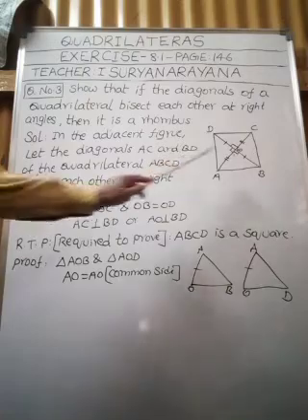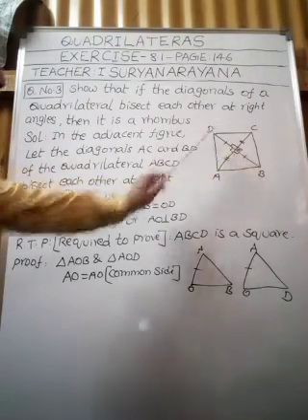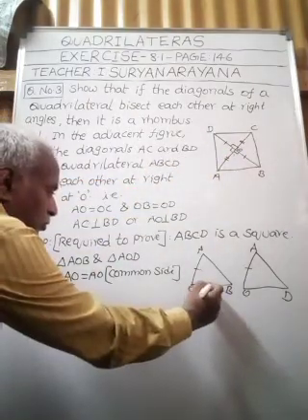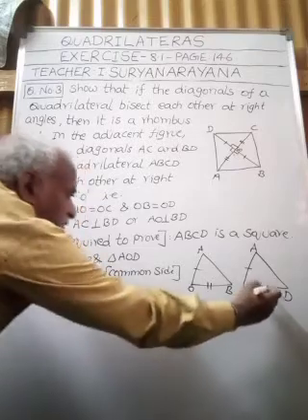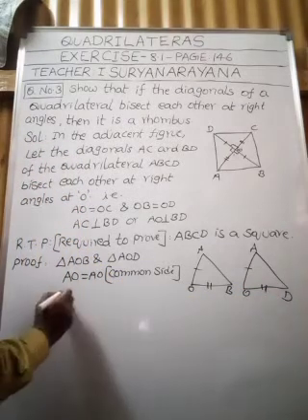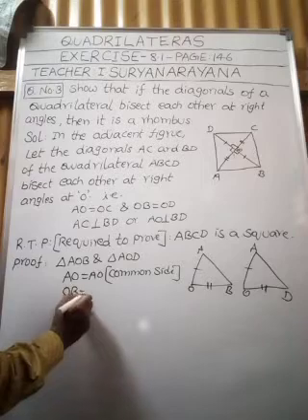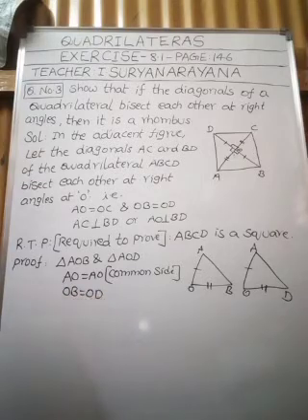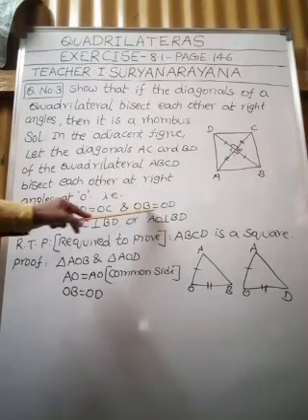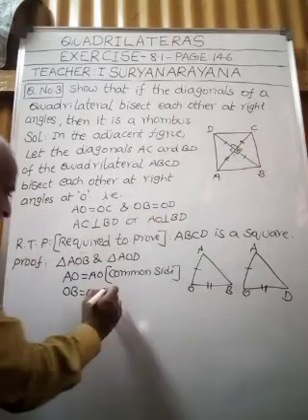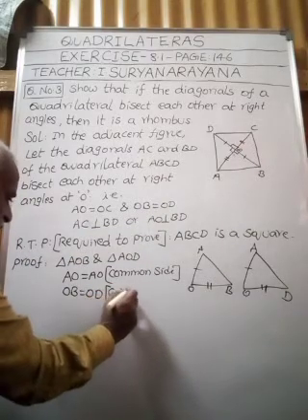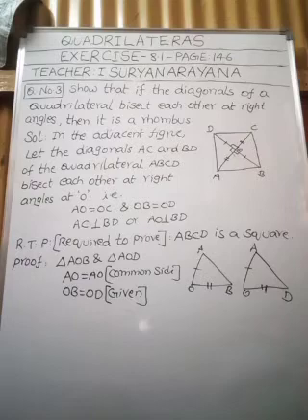Next, OB is equal to OD, because the diagonals are bisecting. Here we have written OB is equal to OD. That is a given condition. Okay, my children, understood.